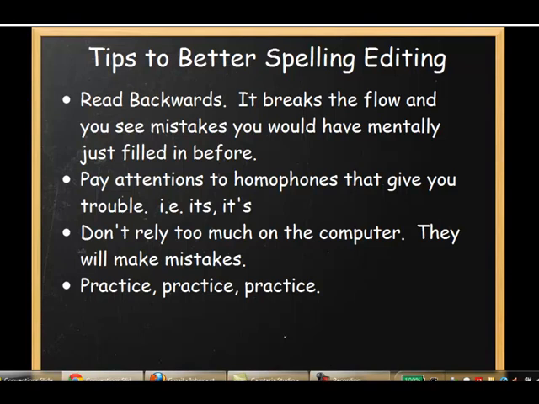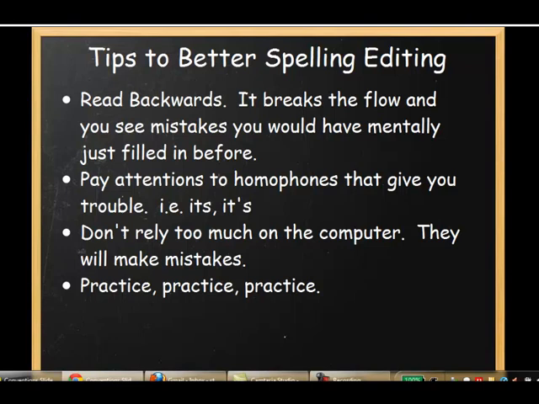That's an example of maybe, say, when someone types you instead of your and you're reading it through, you just fill in the correct form before you realize that it's incorrect. So if you read backwards, you kind of see that when it's not correct.